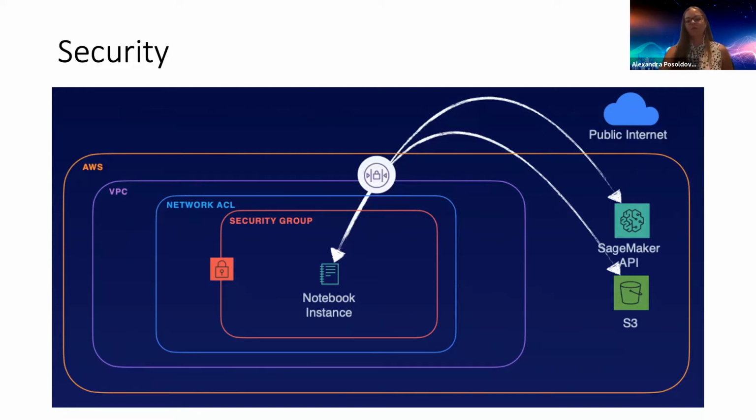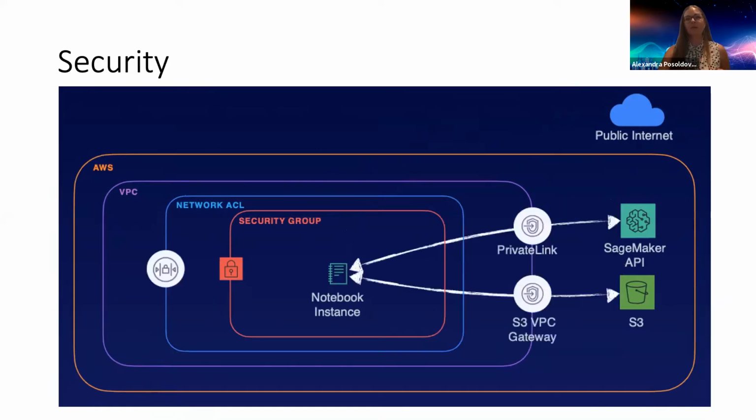So to further enhance the security and keep all of the communication within the cloud, this needs to be disabled, and the communication can happen through PrivateLink and an S3 VPC gateway.